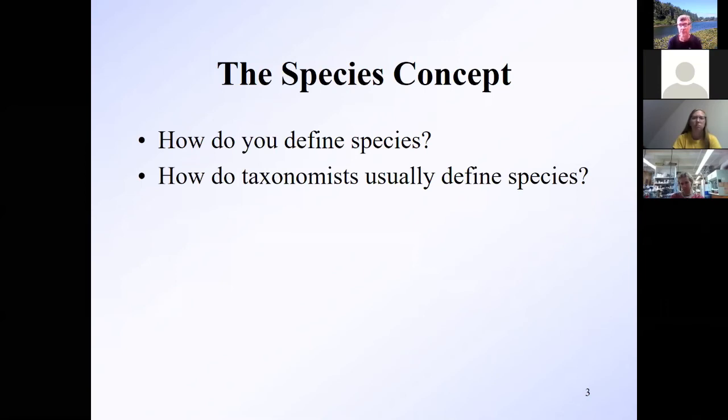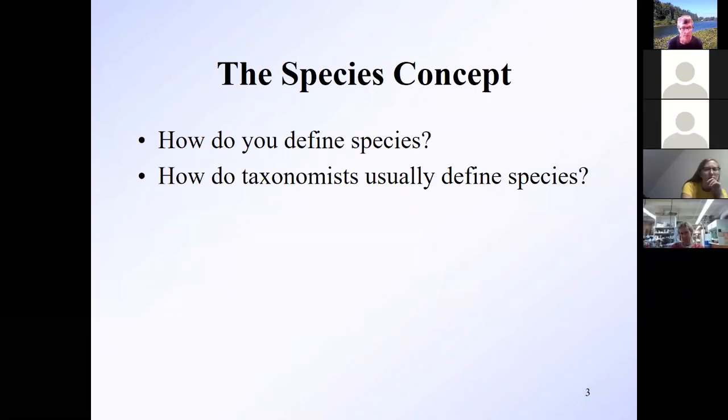What about the vast majority of microbes? What's the problem with that? Particularly things like bacteria. They don't sexually reproduce. Exactly, no sexual reproduction. So there are many species that have no sexual reproduction.